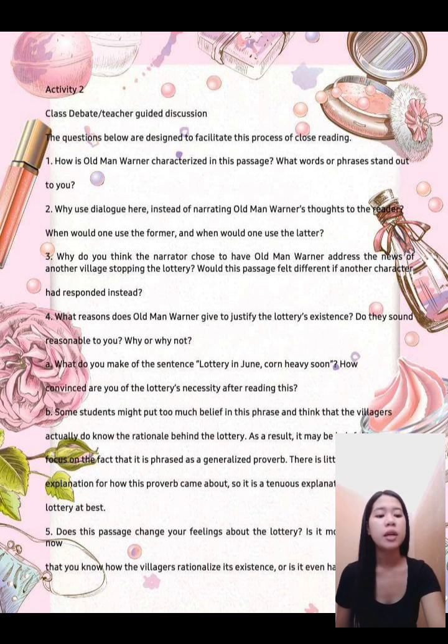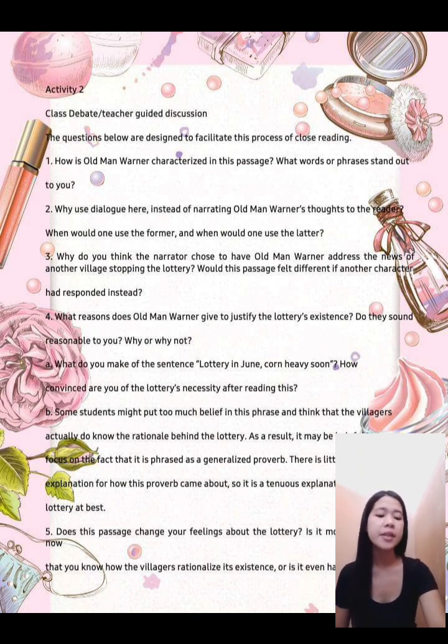As a result, it may be helpful to focus on the fact that it is phrased as a generalized proverb. There is little explanation for how this proverb came about, so it is a tenuous explanation for the lottery at best.